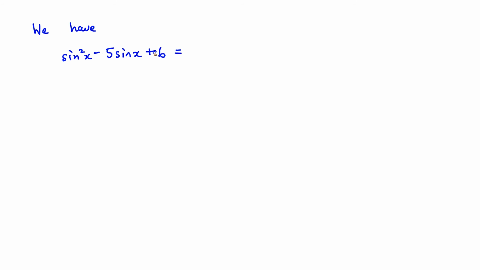Okay, now let's factor that as we do any quadratic. So we're after two numbers whose product is plus 6 and whose sum is minus 5. And if you think about that, you get minus 3 and minus 2. So this is equal to, now my unknown is sine x, (sine x minus 3)(sine x minus 2).